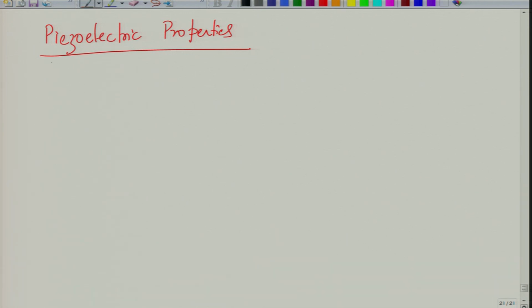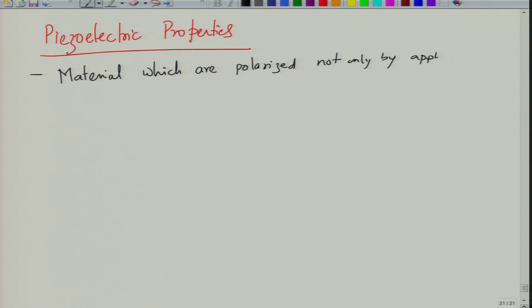So, piezoelectric materials are basically materials which are polarized not only by application of stress, but also by stress. Okay. So, there is a linear relationship. There are two kinds of effect.